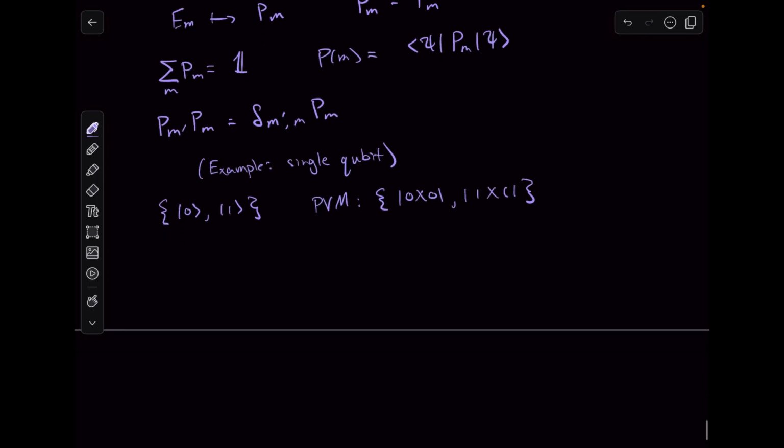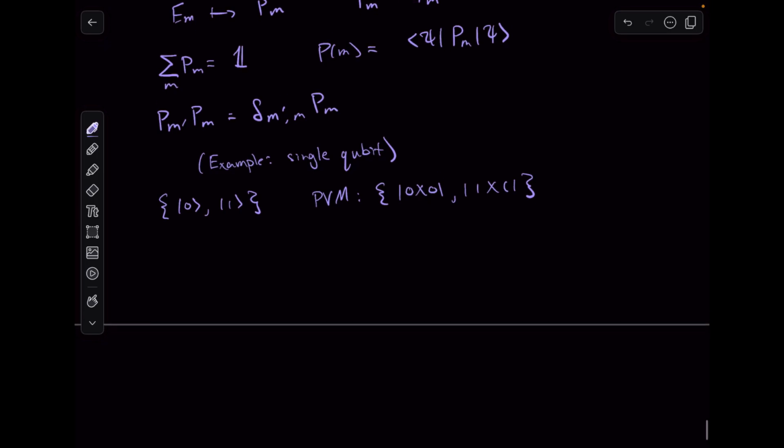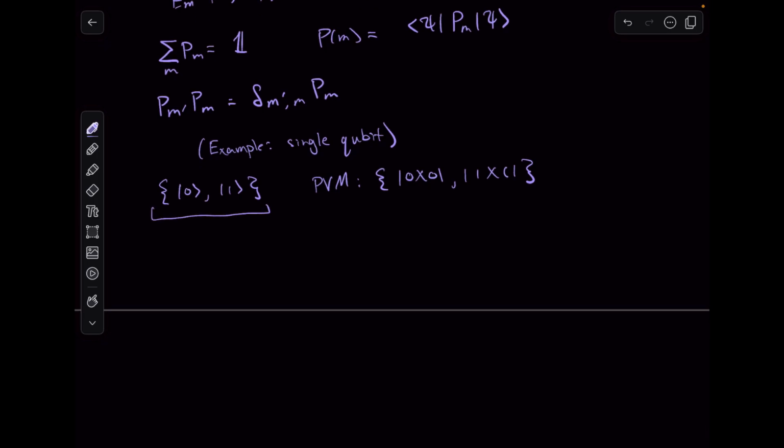Now any single qubit state can be represented as a linear combination of these basis vectors. So if we have some single qubit psi, we can write it as alpha times the 0 state plus beta times the 1 state. And if we wanted to know with these PVMs the probability that we measure 0, we just apply our rules from above: the expectation value of having applied this projector onto the state.